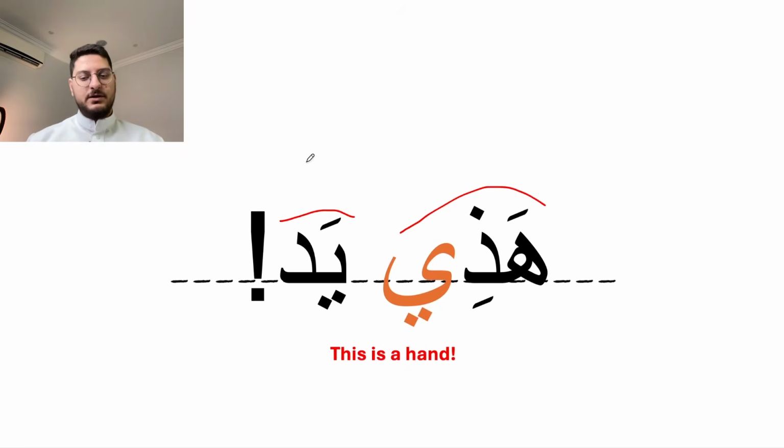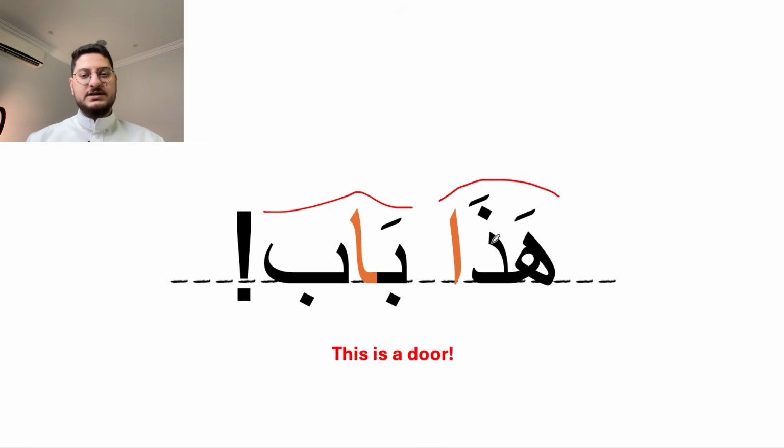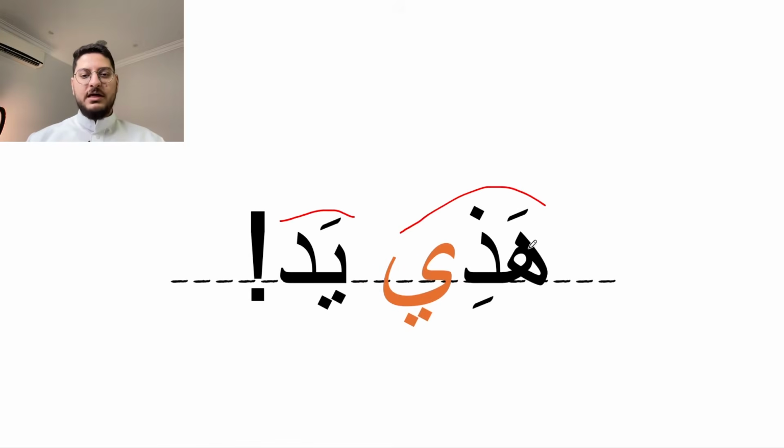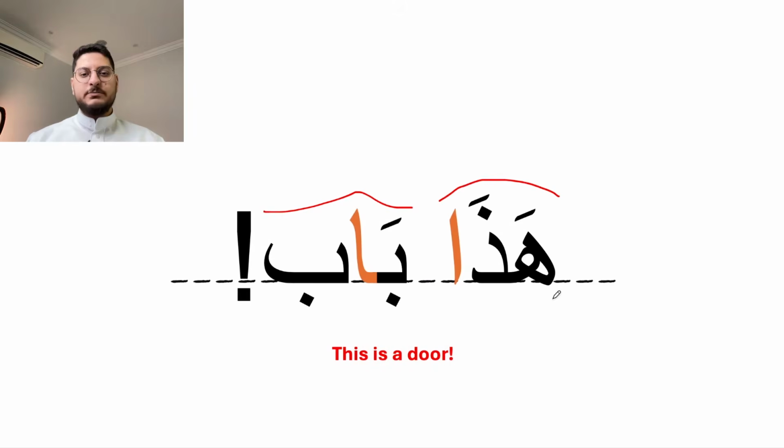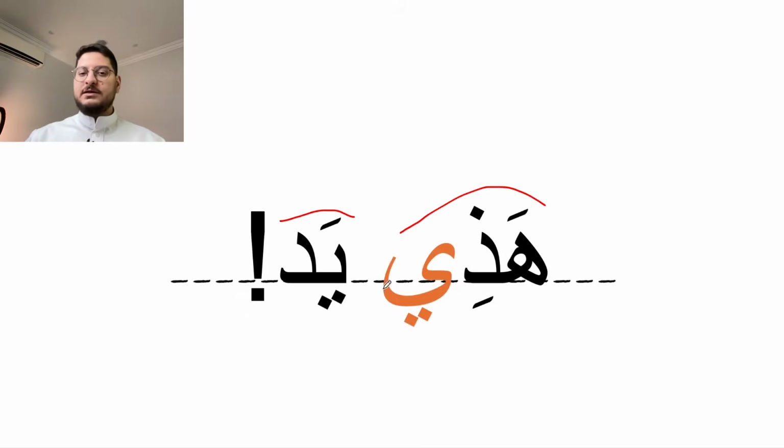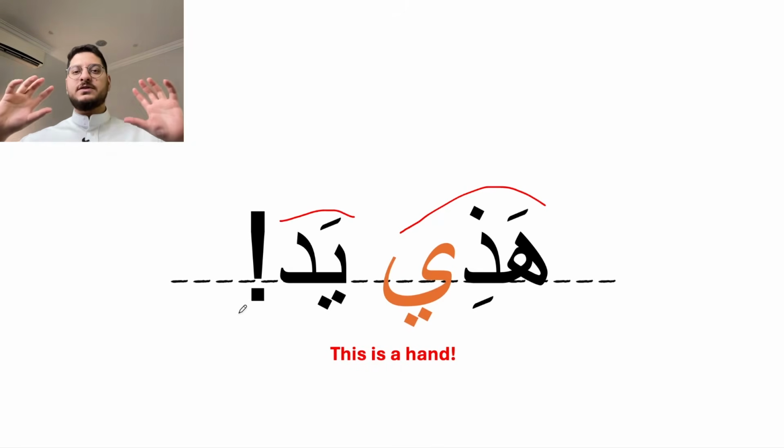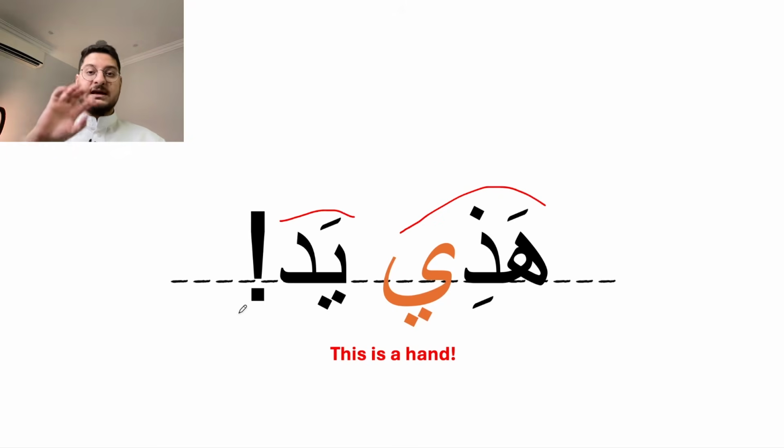So هذه يد means this is a hand. Now notice something. With door, we used هذا. And with hand, we used هذه. Which means we treated bab, which is door, as a masculine name. And we treated yad, which is the hand, as a feminine name. And this is correct. So every single noun in Arabic, door, hand, table, room, office, car, lesson, everything would be either treated as a masculine or as a feminine noun.